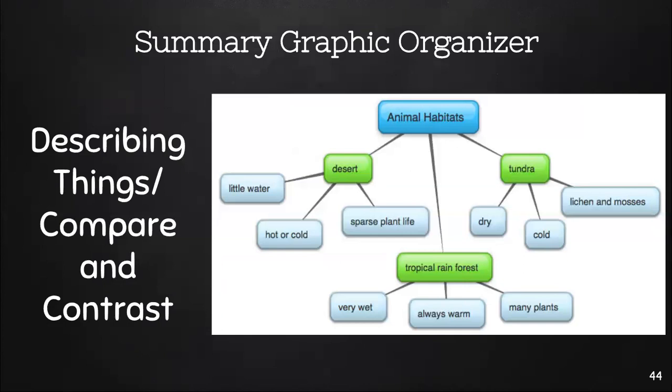A desert has little water, it is hot during the day or cold at night, and has sparse plant life, etc. Or they could choose to compare and contrast, or they could compare and contrast all 3. But it takes what they've learned about the different habitats and reorganizes it in a way that they can then describe and or compare and contrast.